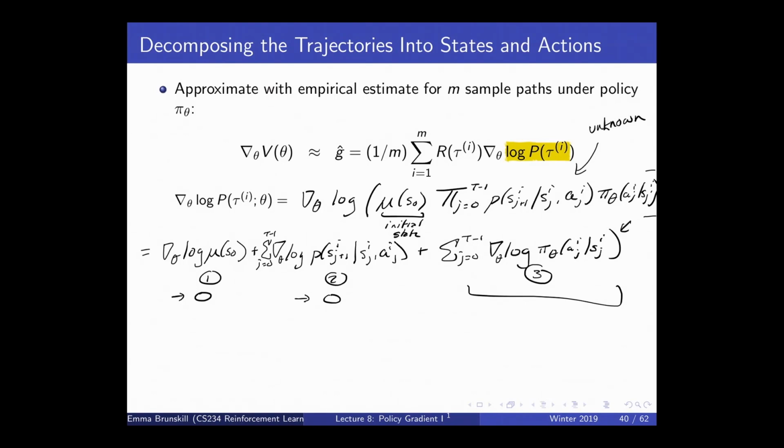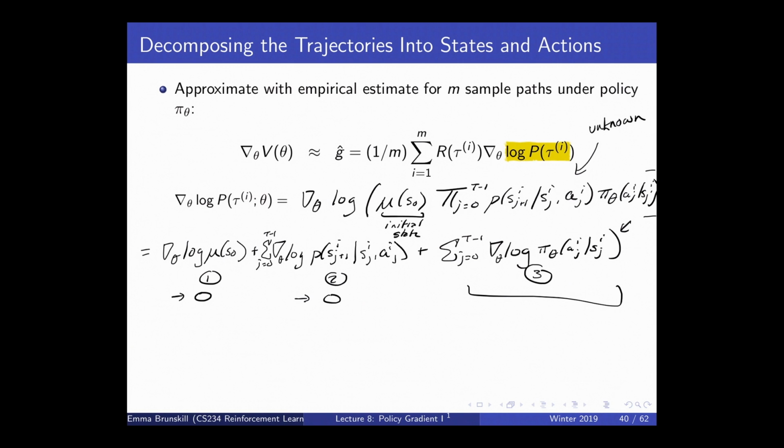So this is really nice. We're going to end up with this situation where we only have to be able to have an analytic form for the derivative of our policy with respect to our parameters. So we still need, and we'll talk about this a little bit more later, to evaluate this. This is about how we parameterized our policy. And if we want this to be analytic, we need to have parameterized our policy in a way that we can compute this exactly for any state and action.